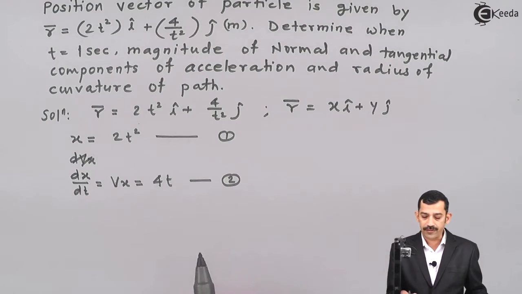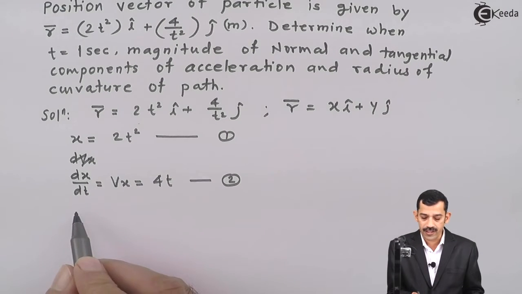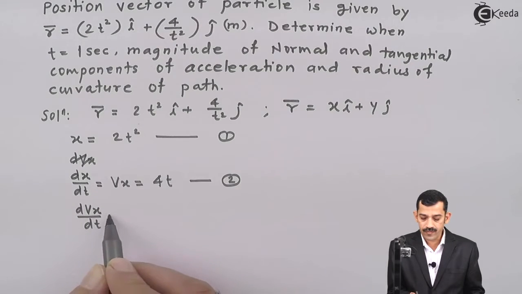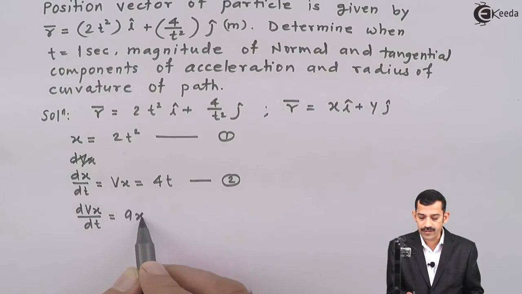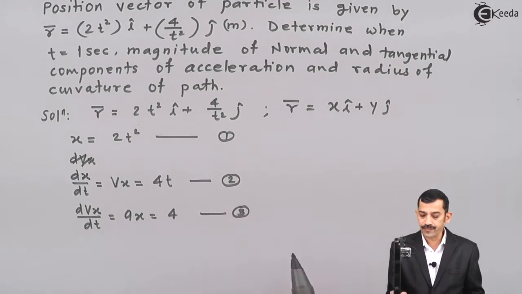If we differentiate equation number 2, that means Vx with respect to time t, we will get the component of acceleration along x-axis. dVx by dt, this is ax, which is equal to 4. This is equation number 3.